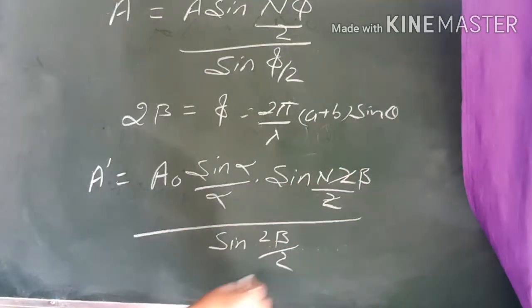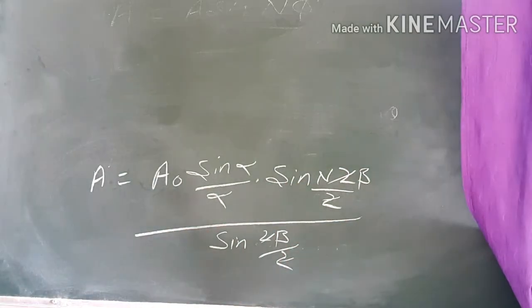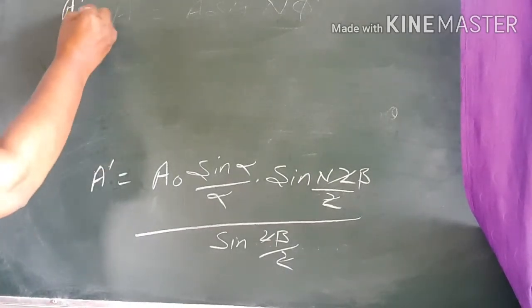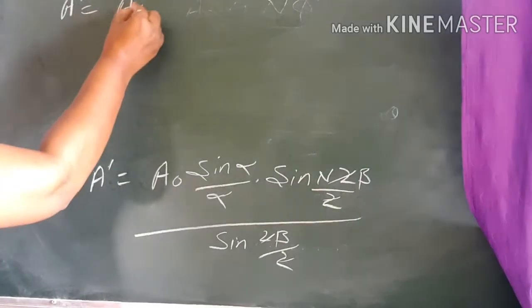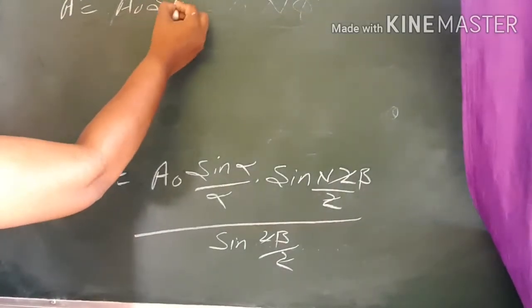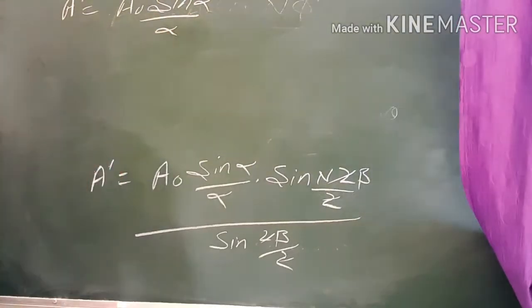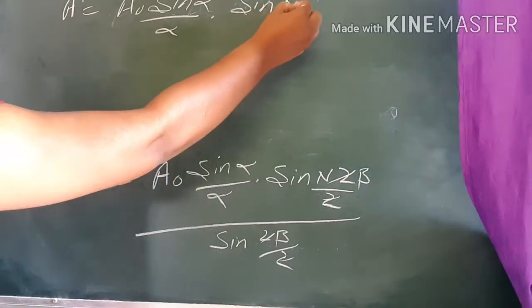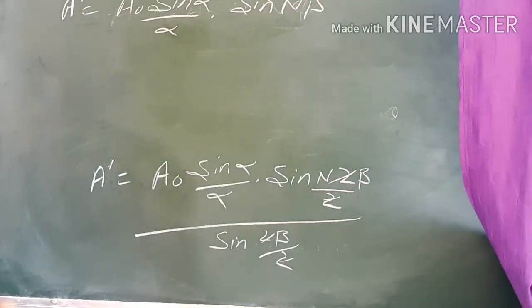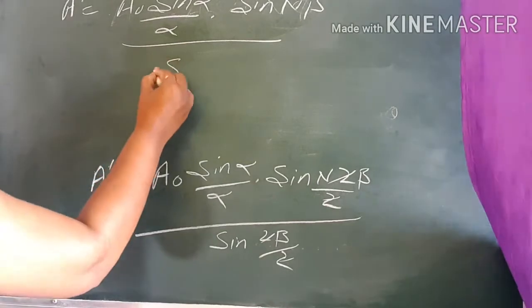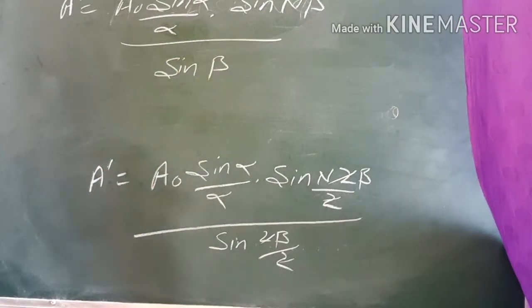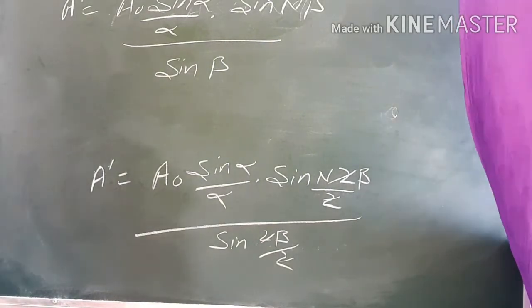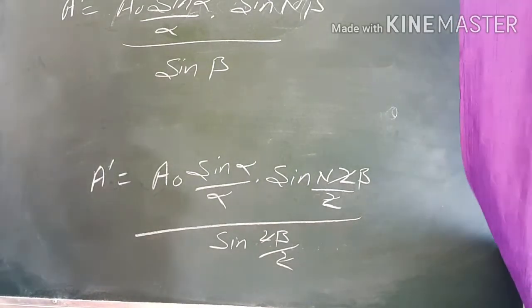Now the 2 cancels out. Finally we have A dash equal to A naught sin alpha by alpha into sin n beta divided by sin beta. This is the effective amplitude due to all the rays from n slits.